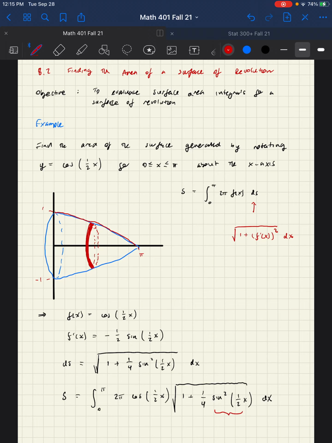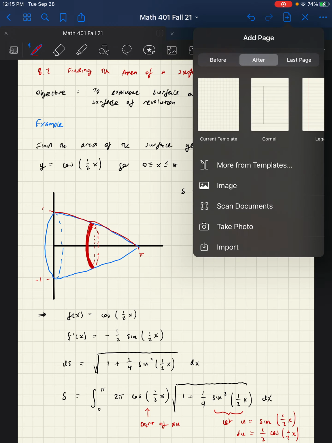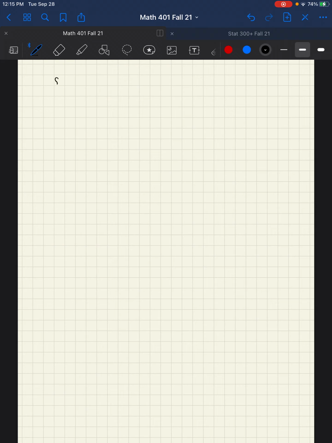What can we do here to simplify this? I think we can perform a simple substitution. If we let u be not squared, but just the sine part, then du is 1/2 cosine of 1/2 x, and that is already present here. This is part of the du. So that's going to be helpful.